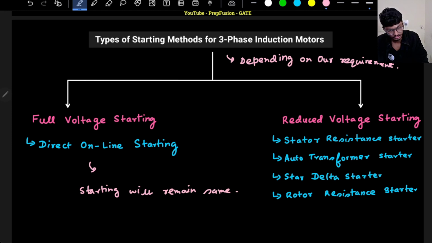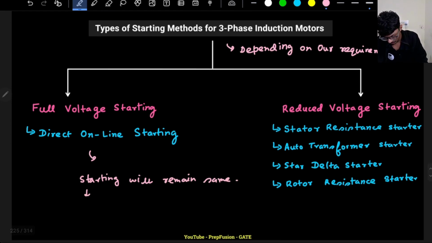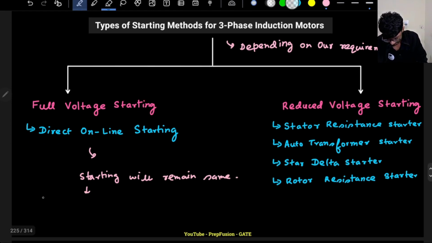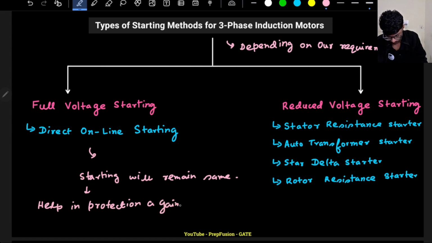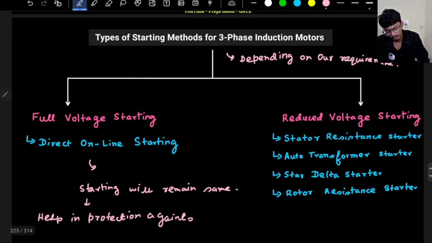Then you will say, sir, what is the point? The point is it will help in protection against faults. And then, what's the point, sir? You are saying it will not change the starting current, but you told us the starting current is very high. For a few motors, maybe the starting current is not that high. We can calculate that.